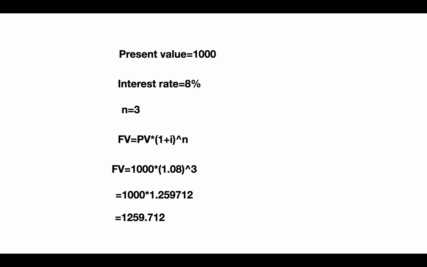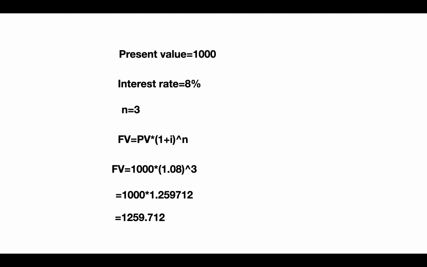Now let's solve it together. So in this case, the present value is $1,000 and the interest rate is 8%. The time n is 3 years. We can either use the previous formula or transform it to another formula, which is FV equals PV times (1 plus i) to the power of n.